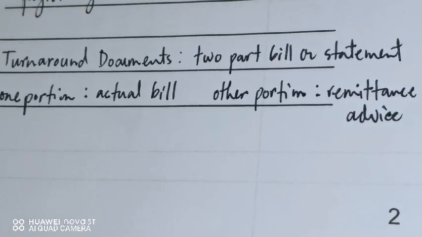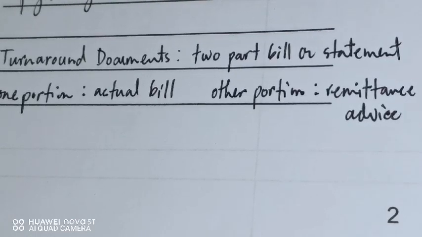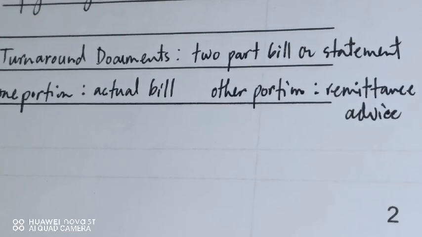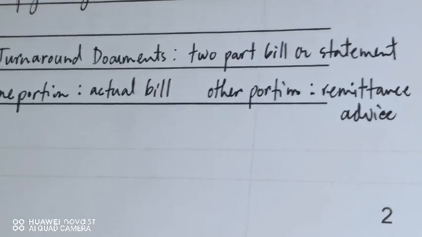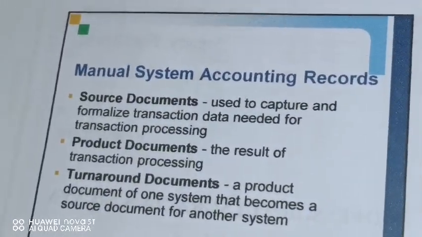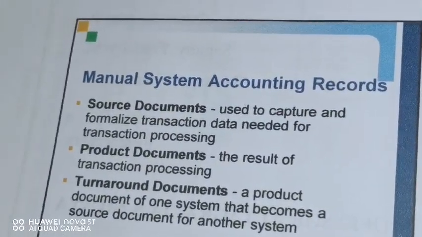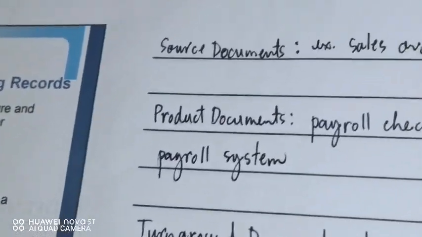Pero ngayon naman, tayo ay automated na, kaya automatically, it is updated na in the system ng mga company. Pero may mga company kasi na gumagamit pa rin ng ganito because they are not yet fully automated. So, gaya nga ng sabi natin, it is used in manual system accounting records. So, kaya may mga ganito pang klase na document.